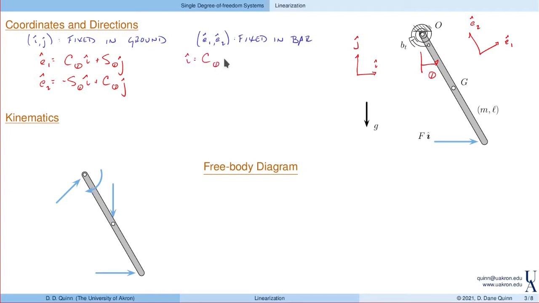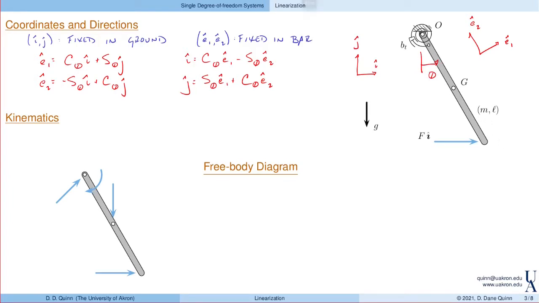So I is cosine of theta in the E1 direction, now minus sine of theta in the E2 direction. And j is sine of theta in the E1 direction plus cosine of theta in the E2 direction. Maybe you want to pause the video now and work out these direction transformations. So if I know theta, I know the orientation of the bar.